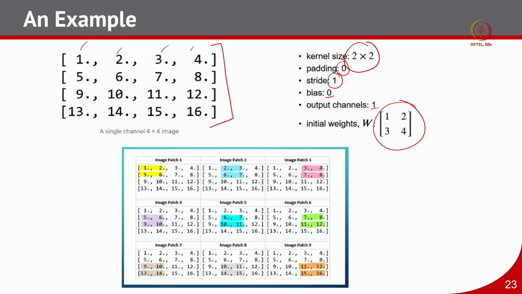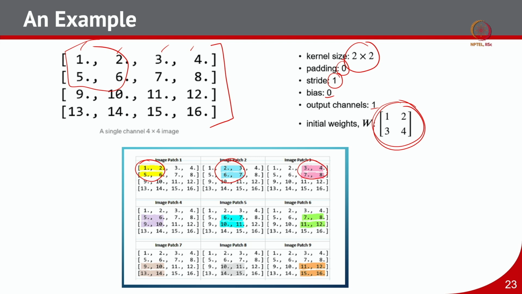During the convolution operation, first these weight values will get multiplied with the first image patch, which is this particular patch. Since stride length is 1, the filter will slide onto the second image patch, 2, 3, 6, 7, and then the next image patch 3, 4, 7, 8, and then the columns of the first row are exhausted.